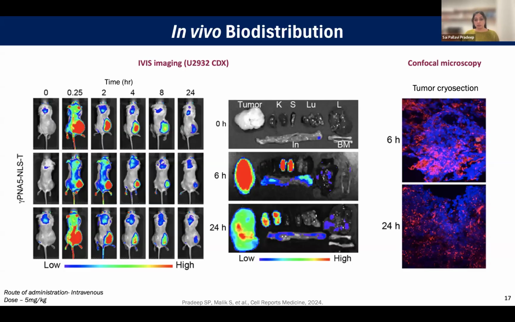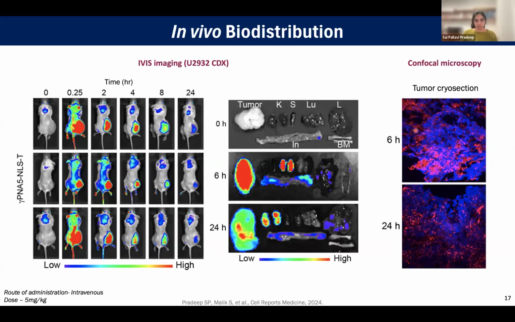And this was a little surprising because we did not expect it to happen. We also did cryosectioning of the tumor, and you could see that the TAMRA PNA was present in these tumors at about 6 hours as well as at 24 hours.